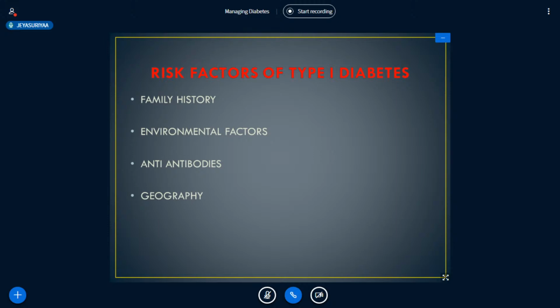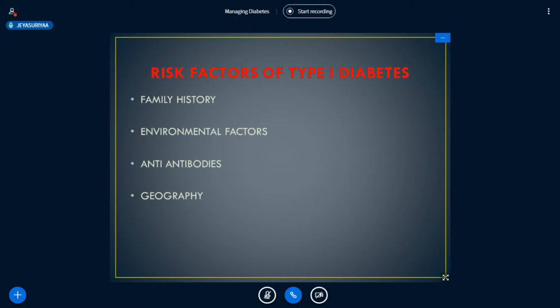Then sometimes family members of people with type 1 diabetes are tested for the presence of diabetes autoantibodies, the so-called immune system cells which attack the same body. If the body has these autoantibodies, it has an increased risk of developing type 1 diabetes, but not everyone who has these antibodies develops diabetes. In the case of geography, certain countries such as Finland and Sweden have higher rates of type 1 diabetes.